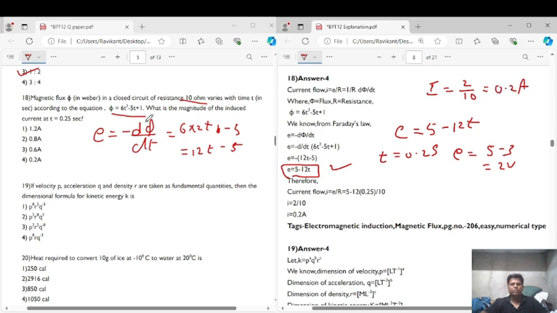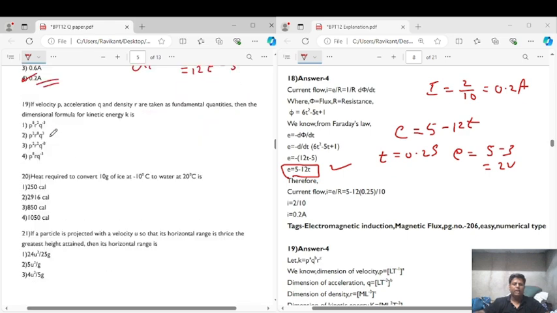So the correct answer for question number 18 will be option 4, that is 0.2 ampere, right? The basic concept here was differentiating phi as a function of time. We'll get the induced EMF, and once we have the induced EMF, dividing it by the resistance will give you the current. Question number 18 is done. Question number 19.